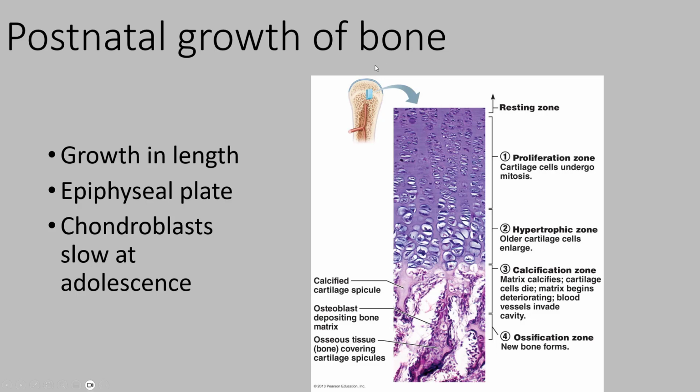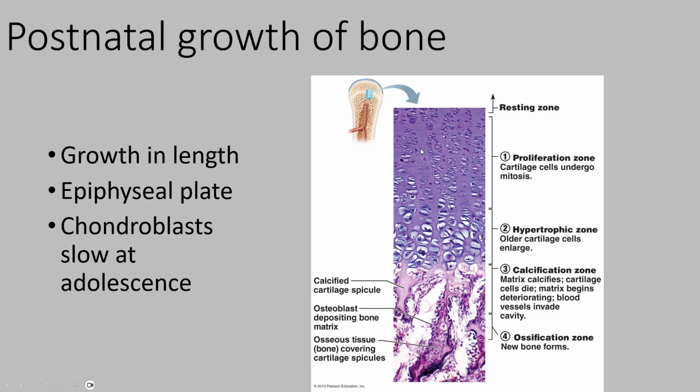It's hyaline cartilage, like we just saw. Now we're going to zoom in on this area. This is a microscopic image of the epiphyseal plate, where growth in length of our long bones occurs.